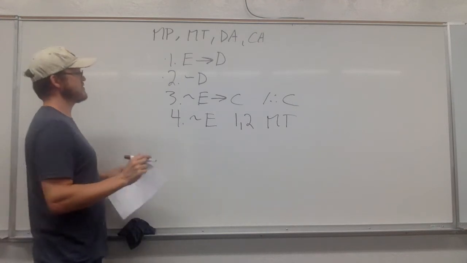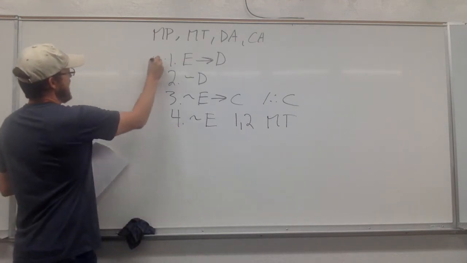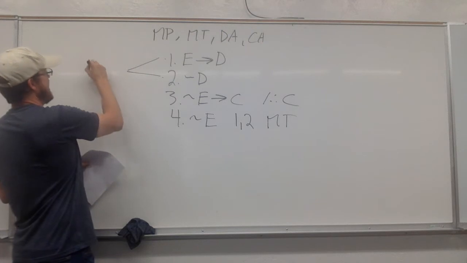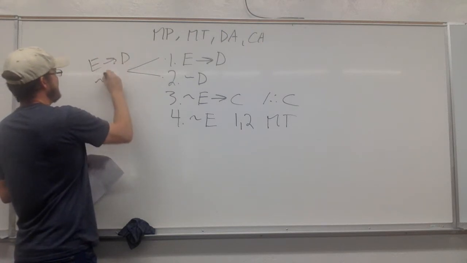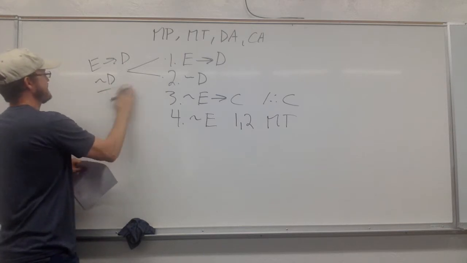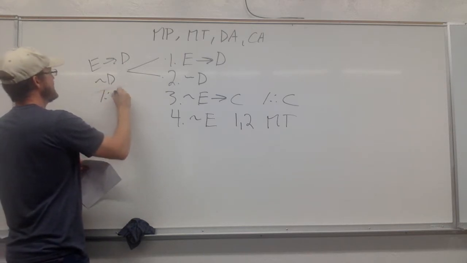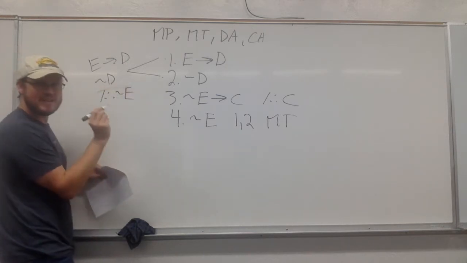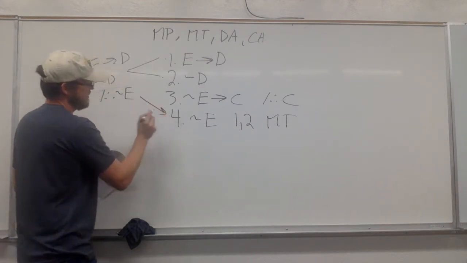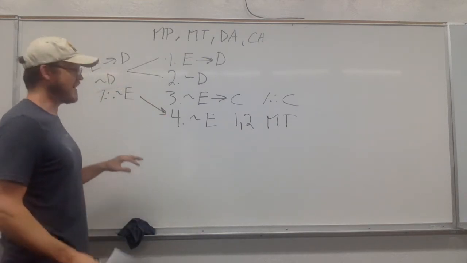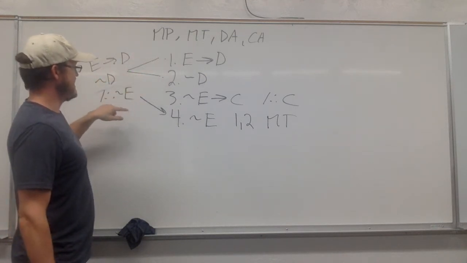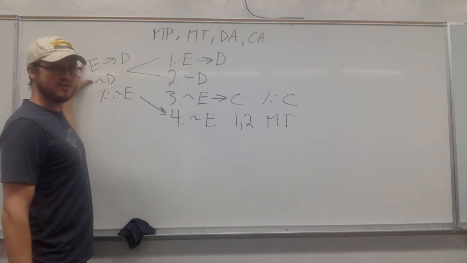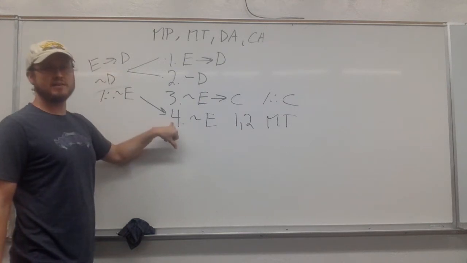So let me just pull that out so you can see what happened there. I pulled these two out. I have E arrow D, and I have the negative D, and from that, I was able to conclude negative E, right? But the negative E, I put here. So you guys see that? There's two lines, E arrow D, not D, and the conclusion I took from those two, I put on the fourth line, right?